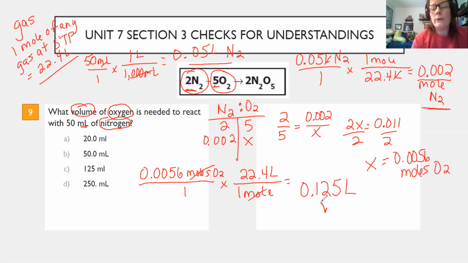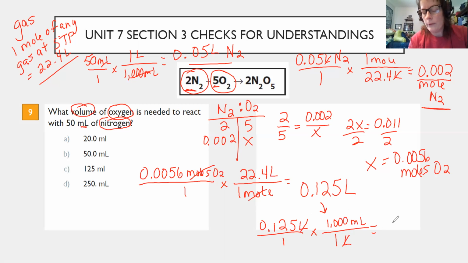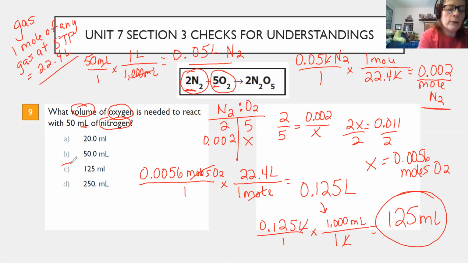You multiply by 1,000, using the conversion factor 1 liter is 1,000 milliliters, which cancels out your liters, and 0.125 times 1,000 gives you 125 milliliters. A little tedious. Some of y'all didn't even have to do that; you could have figured it out by looking at the answers, but that's how you get 125 milliliters for this problem.